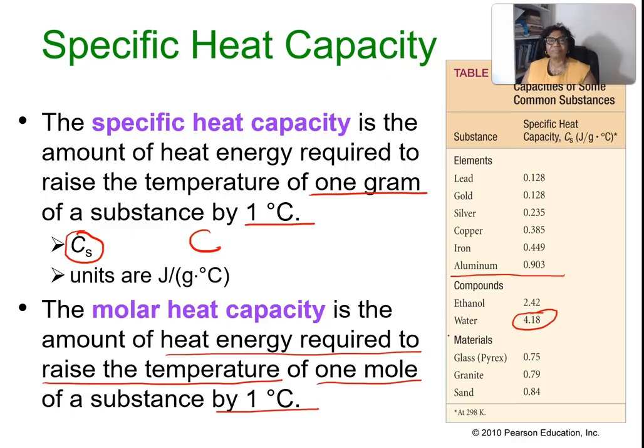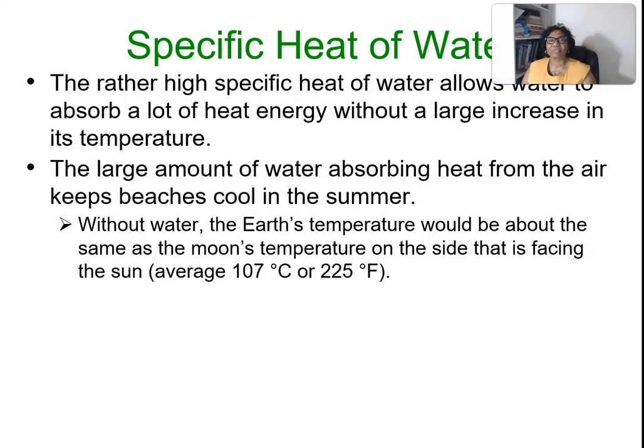Water is very important, so we want to look at its specific heat capacity. The rather high heat capacity of water allows water to absorb a lot of heat energy without a large increase in its temperature. So the large amount of water absorbing heat from the air keeps beaches cool in the summer.